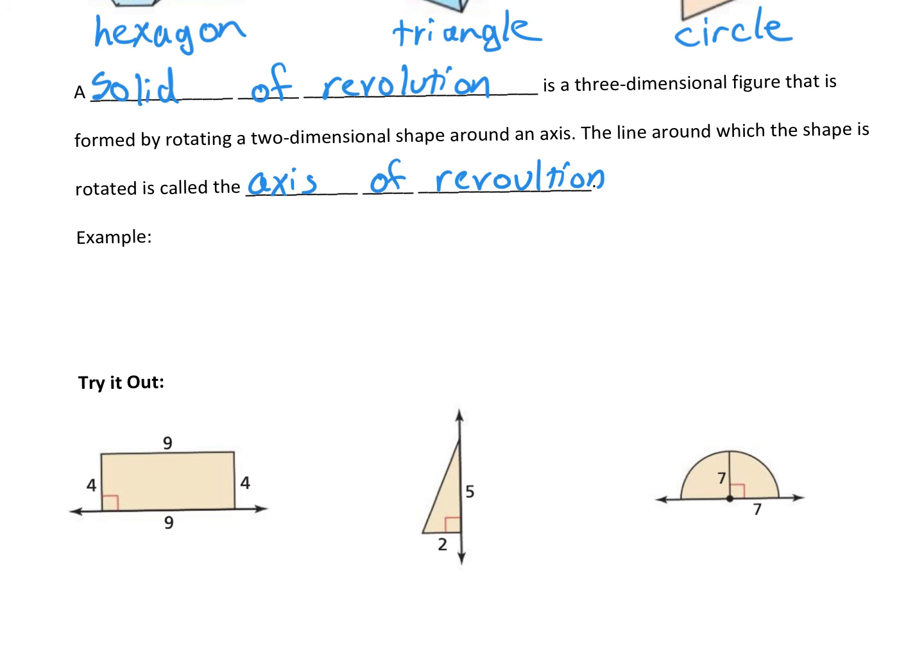So let's say we had a shape like this with this axis. Let me make this purple. And I spun it around like this, the entire way around. If I spin this purple shape all the way around, it's going to be circular. If you spin anything around, it's going to be circular. And it becomes a cylinder.